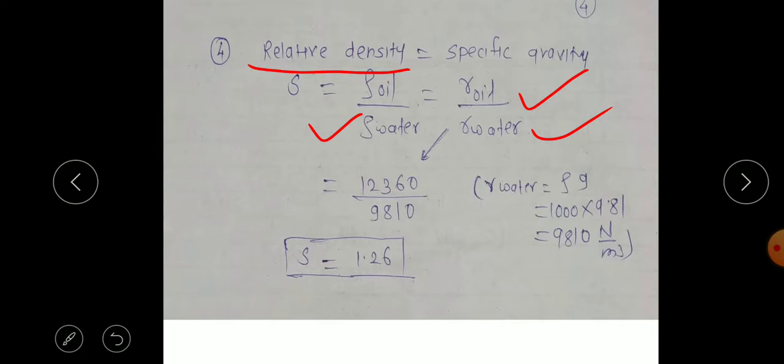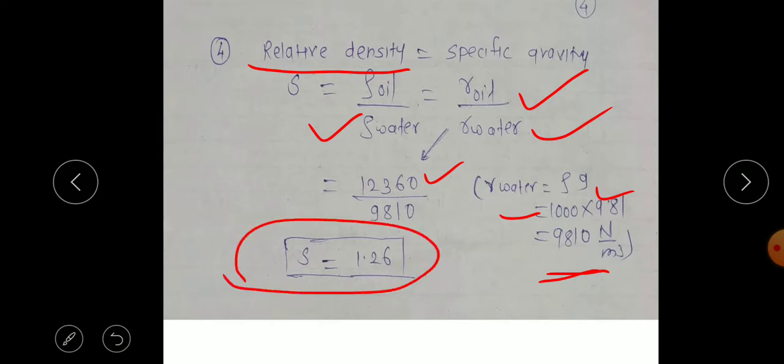We have calculated gamma of oil as 12,360. For water, density is 1000 and g is 9.81, so specific weight rho g for water will be 9810. So we can find the specific gravity or relative density as 1.26.